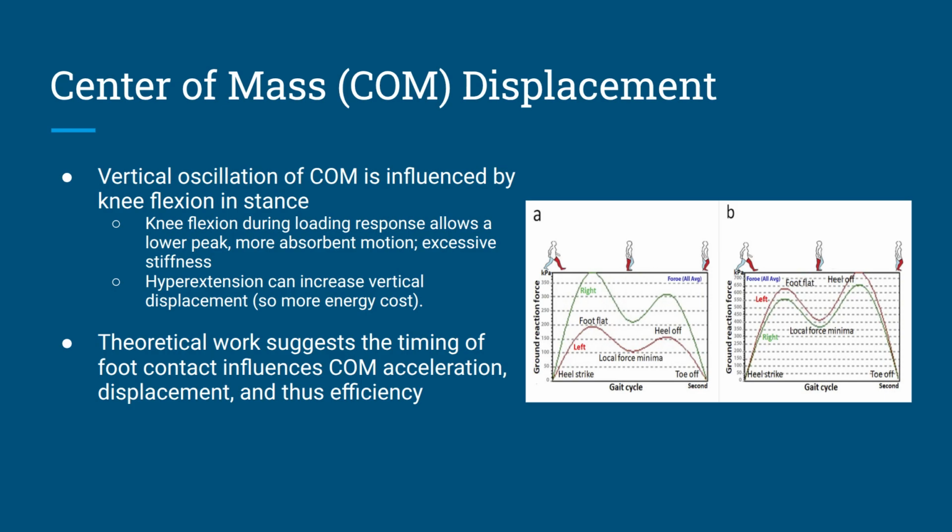If the knee is too stiff, vertical displacement increases, which increases energy cost and joint stress. If the knee hyperextends, you'll often see increased vertical oscillation as the body vaults over a rigid limb.